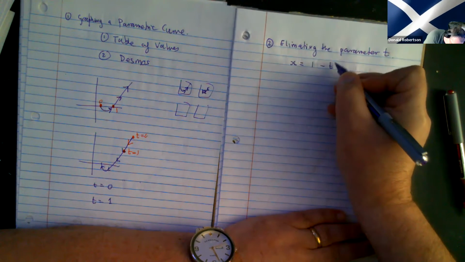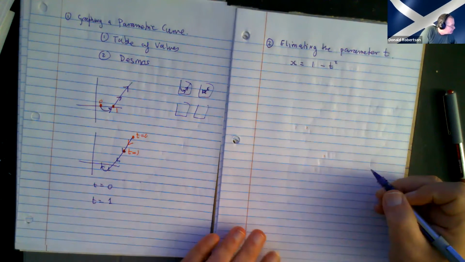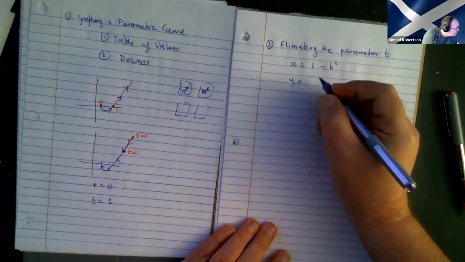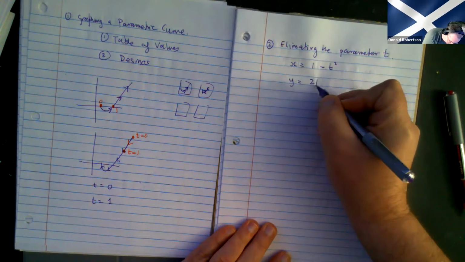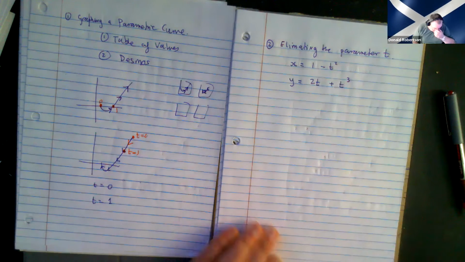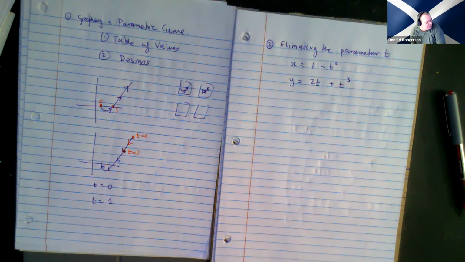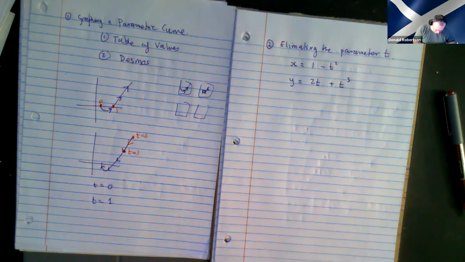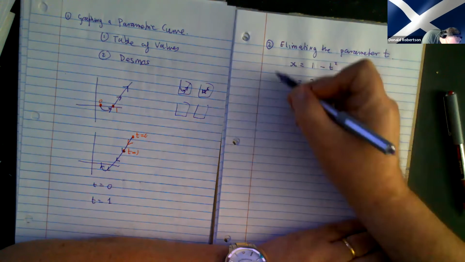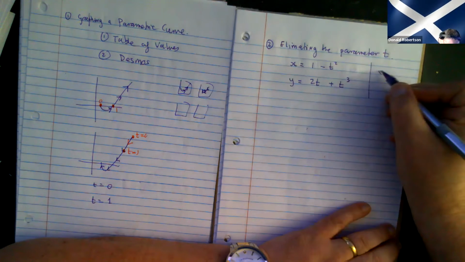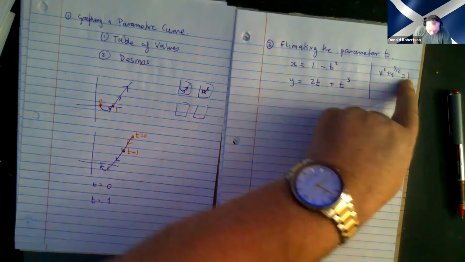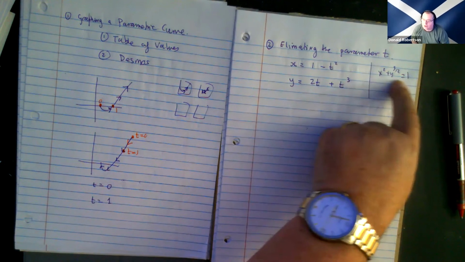So here is x, and here is y. And the process of eliminating the parameter t basically means find out an implicit equation. So you're going to find out what the curve looks like in terms of x's and y's.